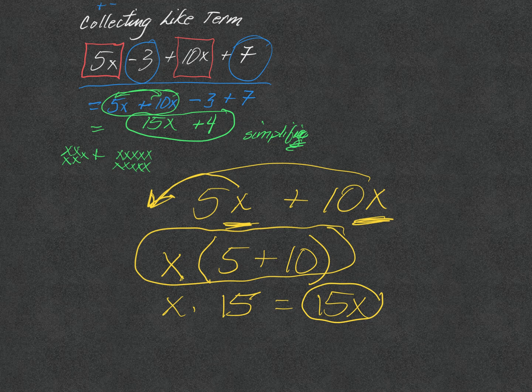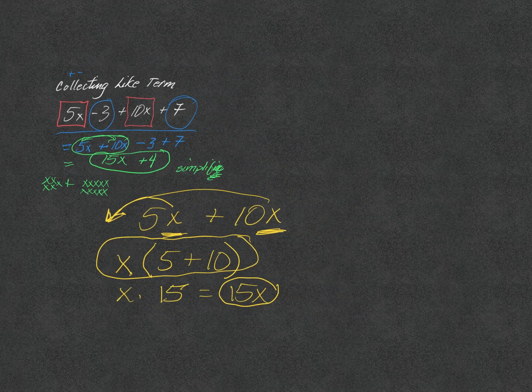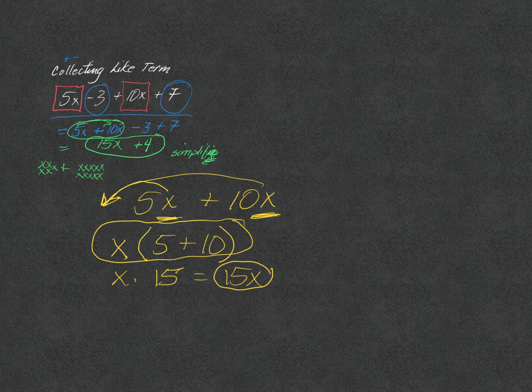I did say I want to show you one more thing about like terms, that you've been doing all your life. So for instance, let's take 367 and add that to 422.